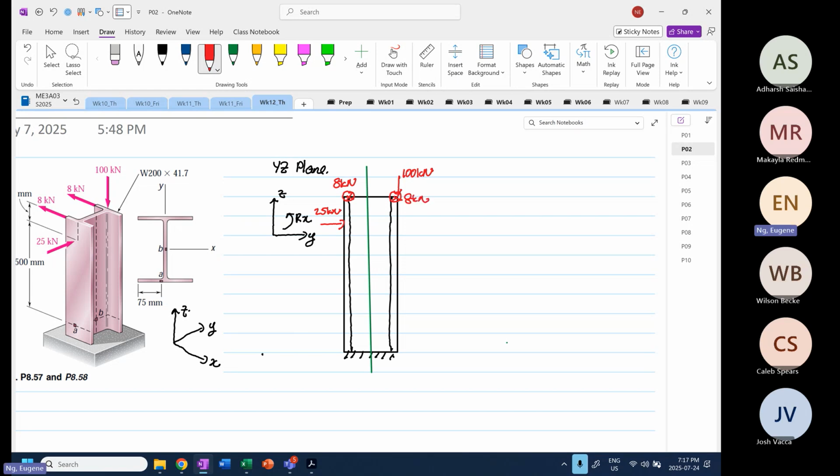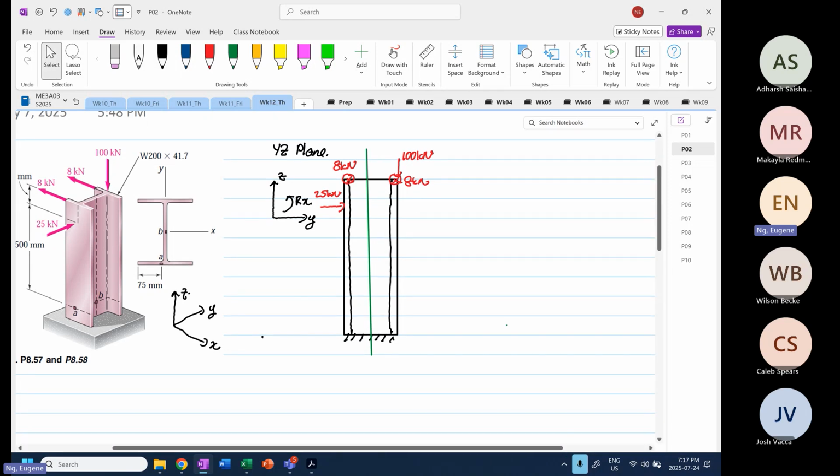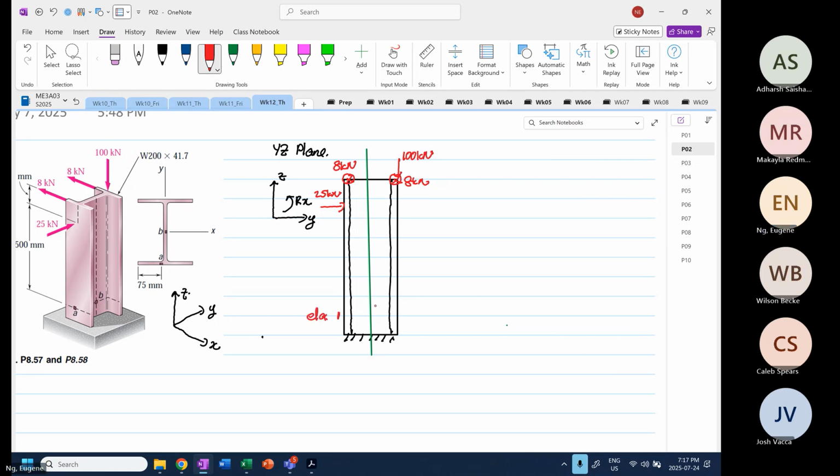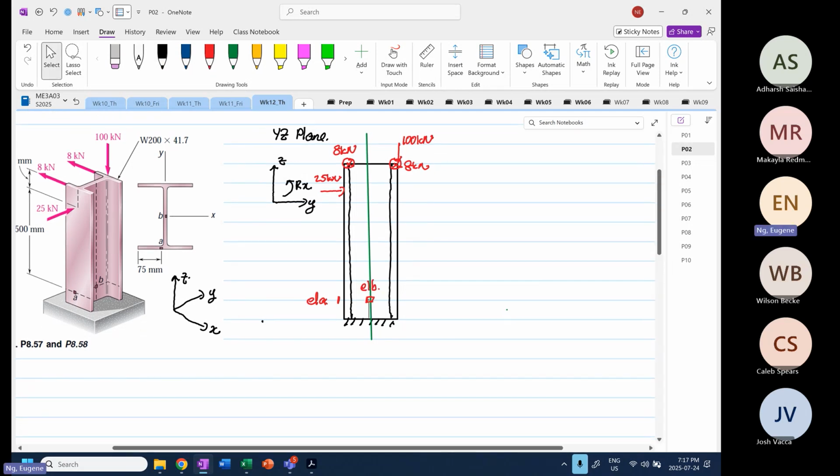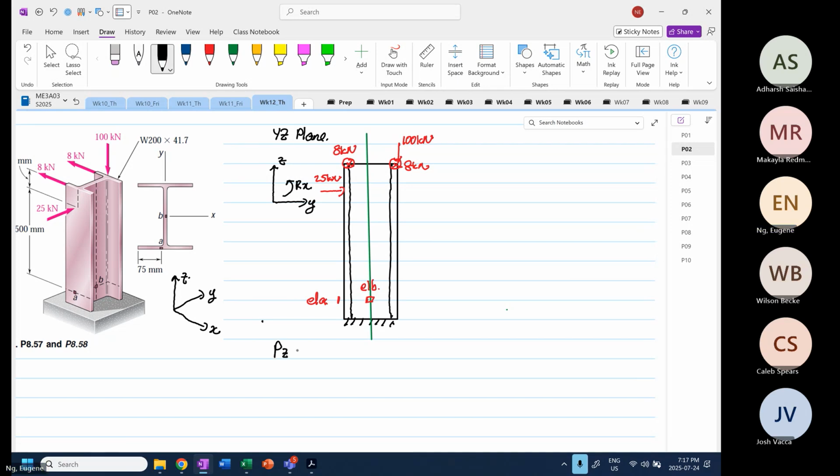And this is 8 kilonewton. Okay. So from here, we can see that we sketch our element of interest. So over here, this is our element A. Over here, this is our element B. Okay. So from here, we know that we have our PZ. PZ is going to be 100 times 10 to the power 3 Newton. Okay.